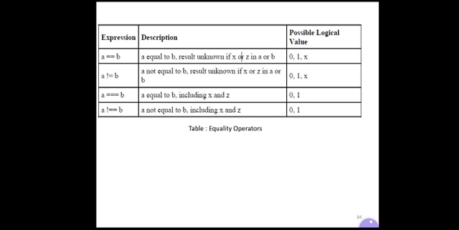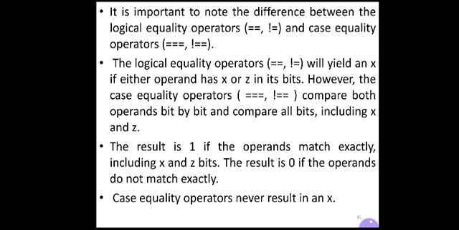And the last one is A case not equal to B. For case inequality, including x and z, the result is 0 or 1. The same description is given here.